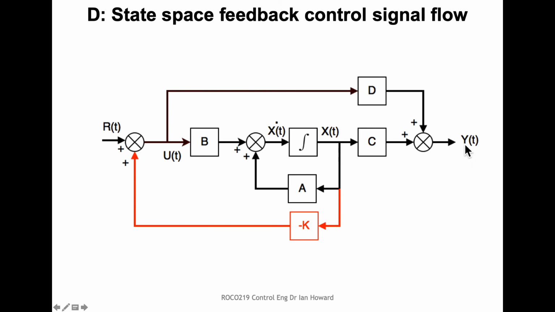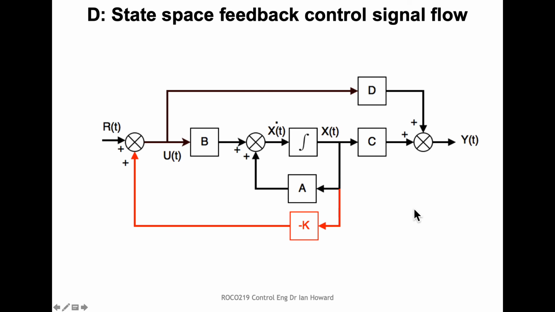The output then is going to be Cx, right? Cx here, coming in here, plus Du, that's u times D, and we add those up and we get y. That's the other output.